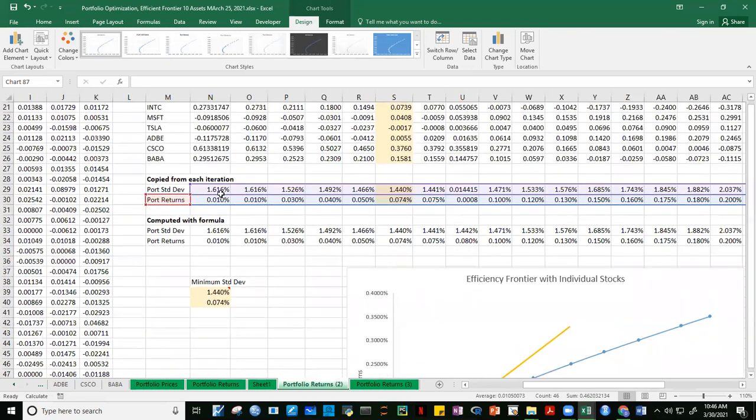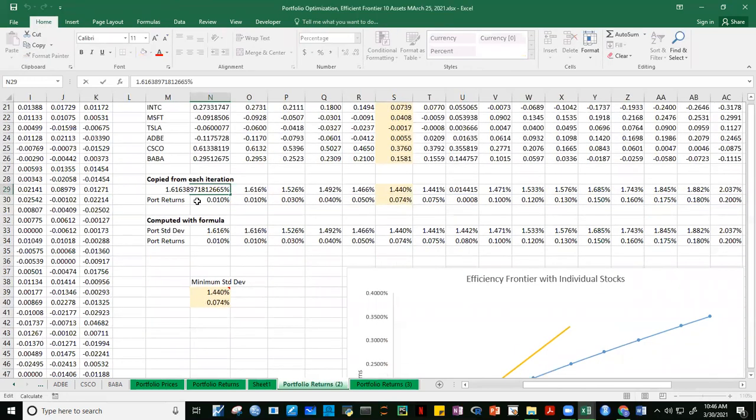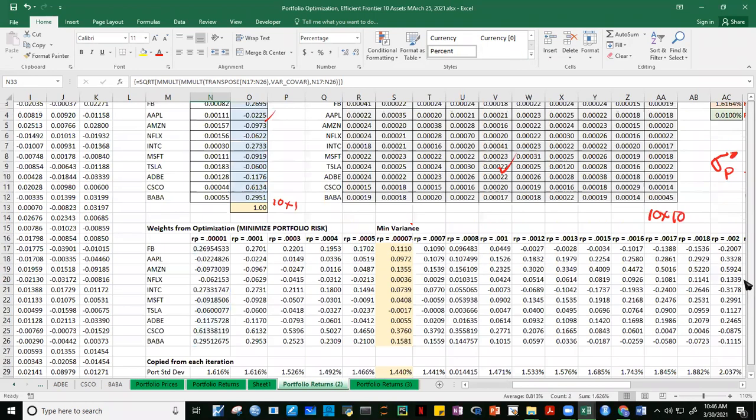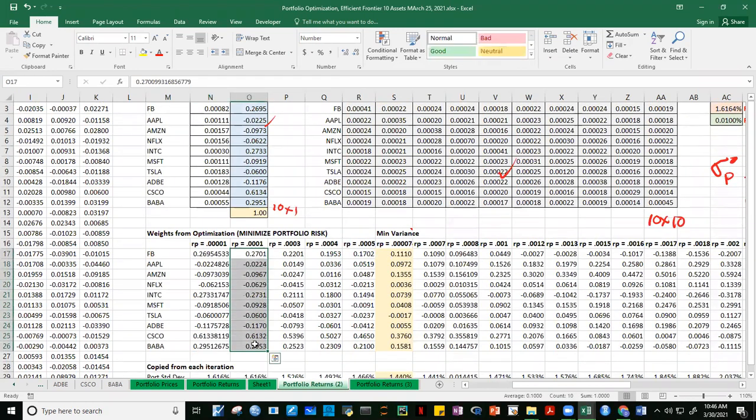Ito ang ginawa ko, kinompute ko lang siya dito, yung formula. Yung parang sa taas lang kanina. Tapos, dinrag ko lang to. Kasi pag nalagyan na ng weights dito, mako-compute mo na rin.